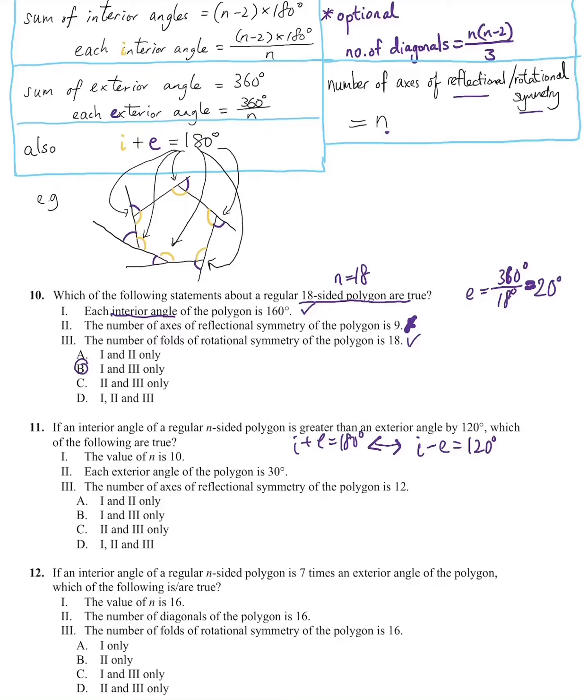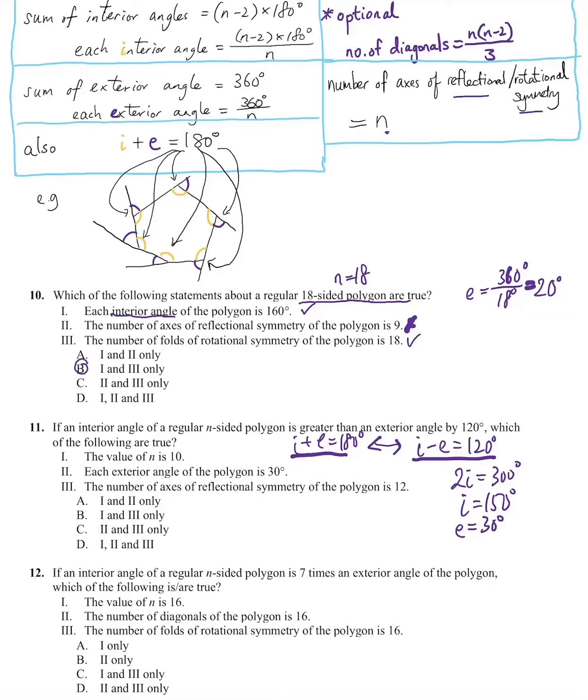If you do the maths on this using your program number 1 on simultaneous equations, or you can just add them together, you will see that the E will disappear. So it's basically 2I equal to 300. So I is 150. So the interior angle is 150, which means the exterior angle is just 30.